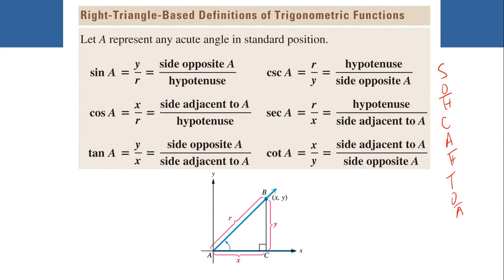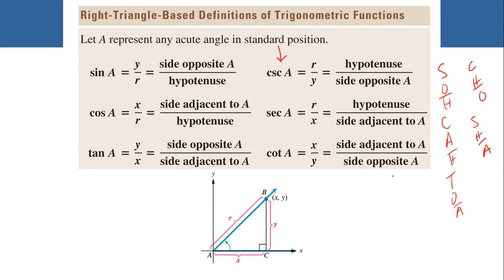But now what's new here is the reciprocals. Instead of it being opposite over hypotenuse, cosecant is now hypotenuse over opposite. Instead of adjacent over hypotenuse, secant is now going to be hypotenuse over adjacent.